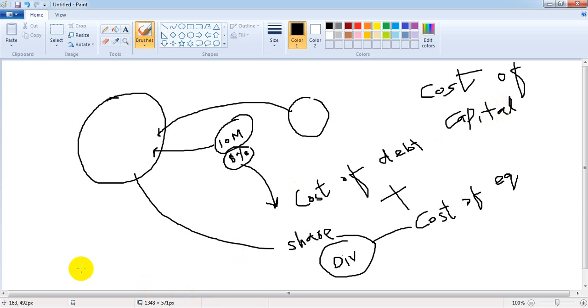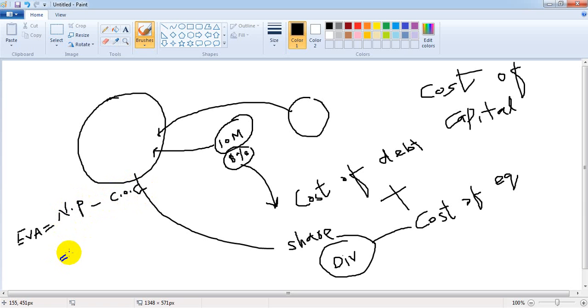So economic value added, EVA, is equal to net profit minus cost of capital. I'm writing shortly. Net profit minus cost of capital.